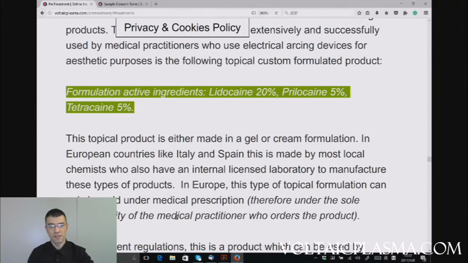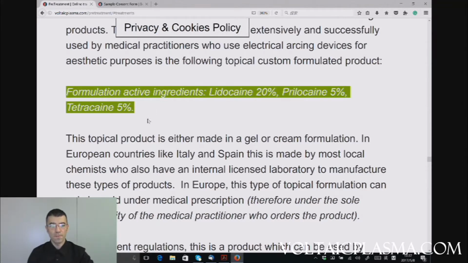In Spain and Italy, this is a normal formulation, and most labs make it quite frequently. Since in the UK we're still in the European Union, you can get in touch with labs in Spain and Italy and get it made for you. If you've got any question about it, if you cannot find it, let us know. We'll point you towards a number of labs that make these products.